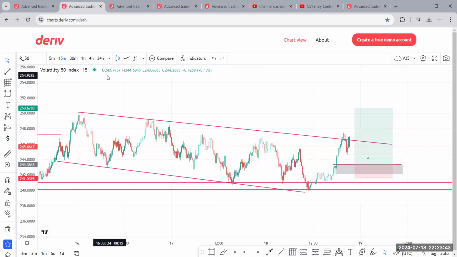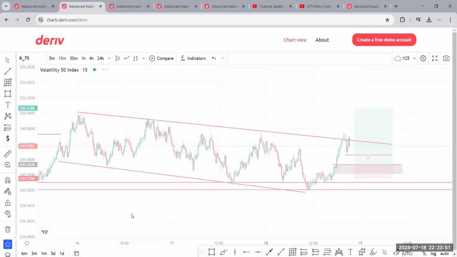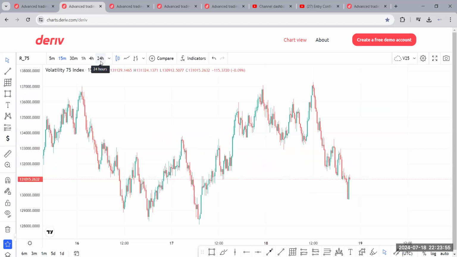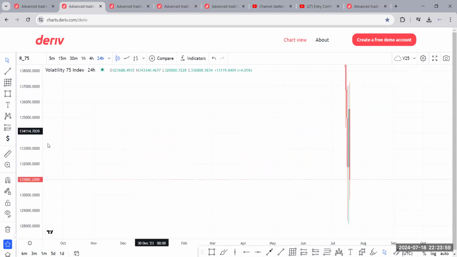All right, so that is VIX 50 for us, and I'm not going to go down any further. Let me check our last asset, VIX 75, which I know maybe most of you trade. So VIX 75 from our daily time frame has been bearish as well.